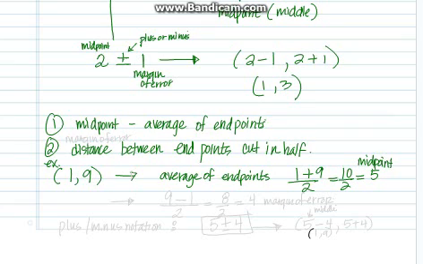Then if I want to find the margin of error, I'm going to have to take the distance between those endpoints. So to see the distance between them is really taking 9, subtract 1, which gets us 8. Then I'll have to divide that in half, which means to divide by 2. So I'll have 8 over 2, which is equal to 4. So that's my margin of error.